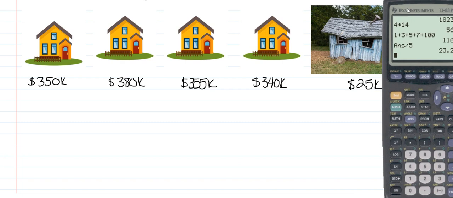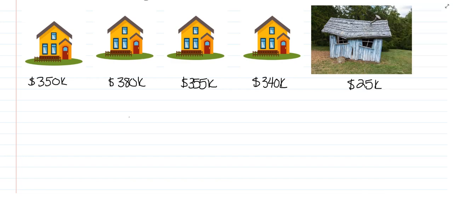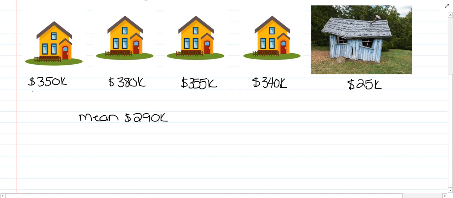So let's see here, we've got 350, 380, 355, 340, and 25. So that's 1,450 divided by 5 homes. So you get an average value of 290,000 for the homes. Well, that's really not fair to all of these 4 people here who have really upkept their homes and made them look nice.